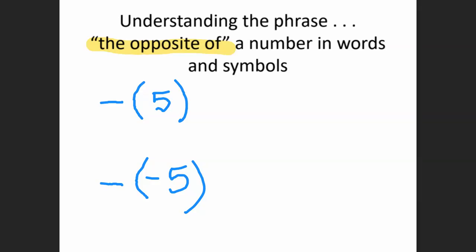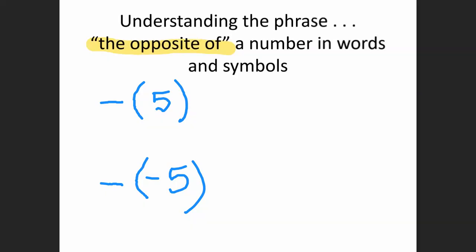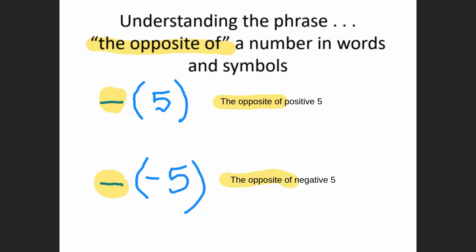Now, the first one is saying the opposite of a positive 5. Notice that the phrase the opposite of is dealing with this negative sign. Okay? Down in the bottom, you interpret this as the opposite of negative 5. Okay? This sign right here is the opposite of.